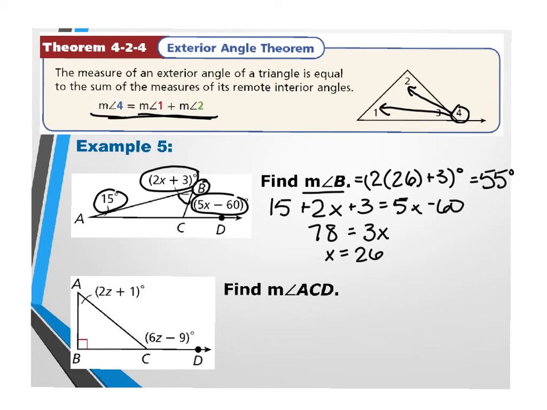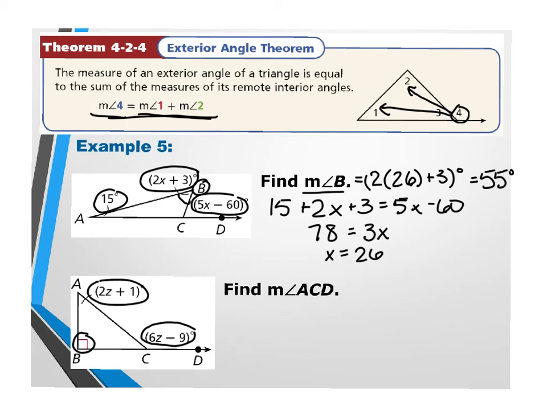Let's look at this next part. We're asked to find, in this triangle right here, the measurement of ACD, which is the exterior angle. We do that much the same way we did the last one. We need to find what z is first. So to set this up, our exterior angle is equal to this angle plus this.